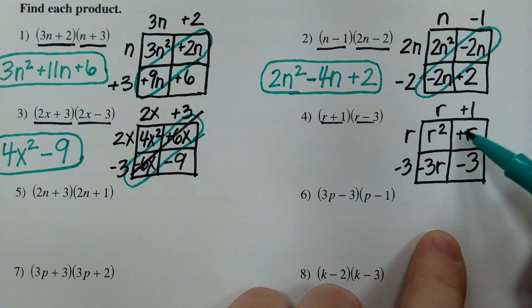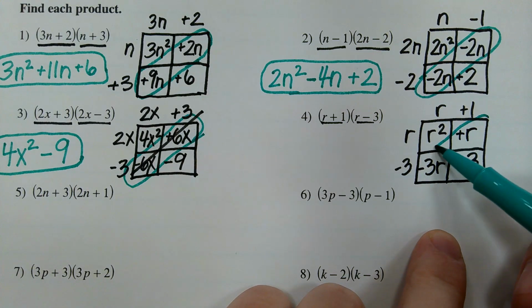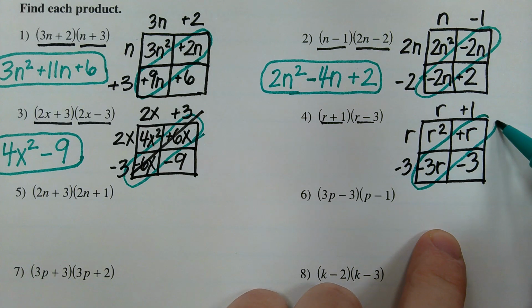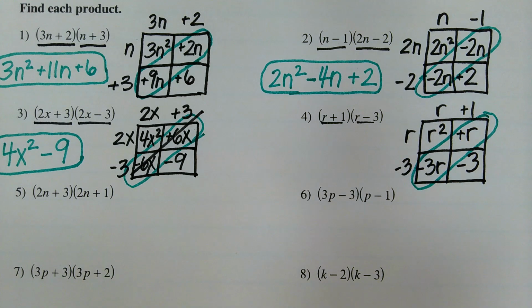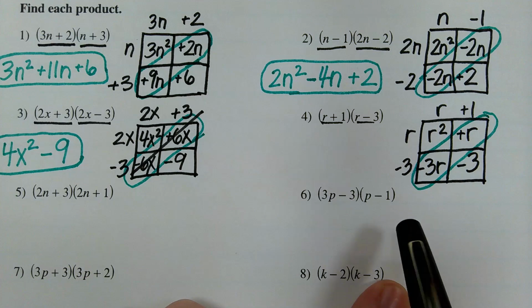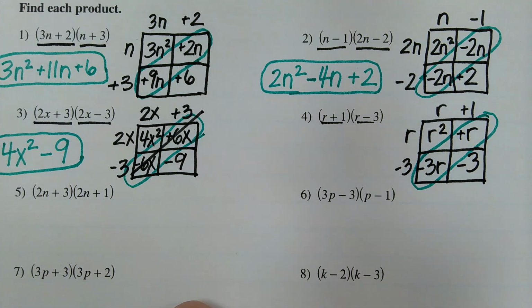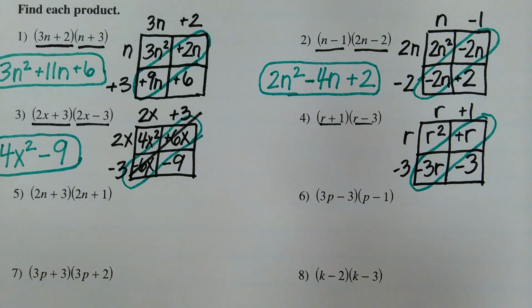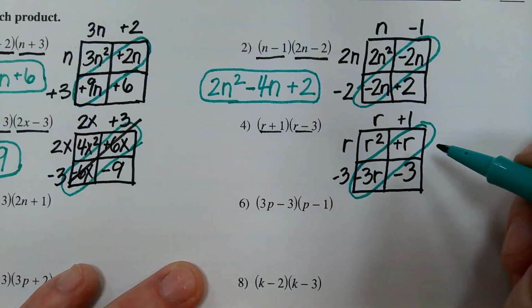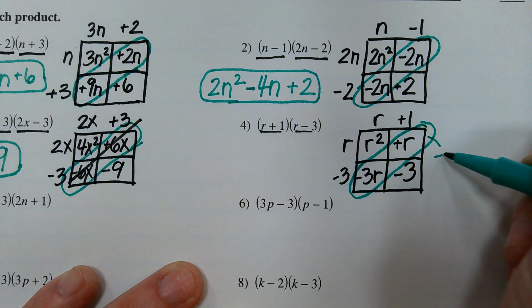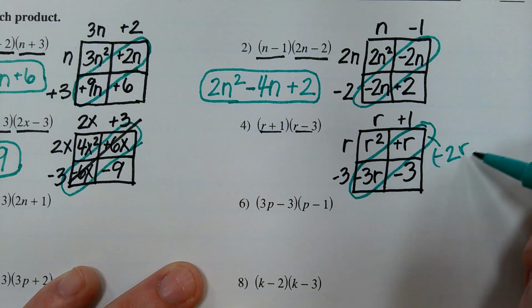Where's my like terms? Diagonal, I've got R, and I've got a negative 3R. What's going to happen there? What's negative 3 plus 1? Negative 2. So here, maybe I should start writing out what we combine. Negative 2R.